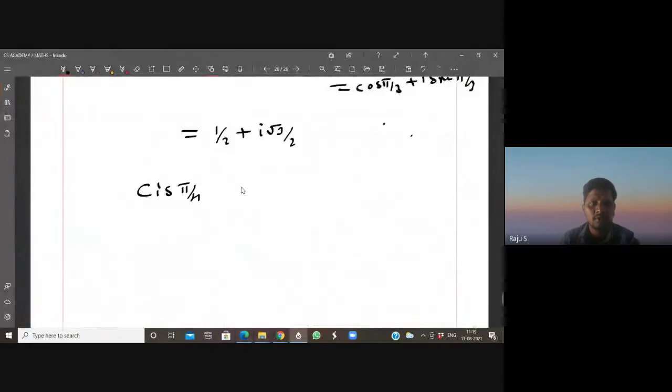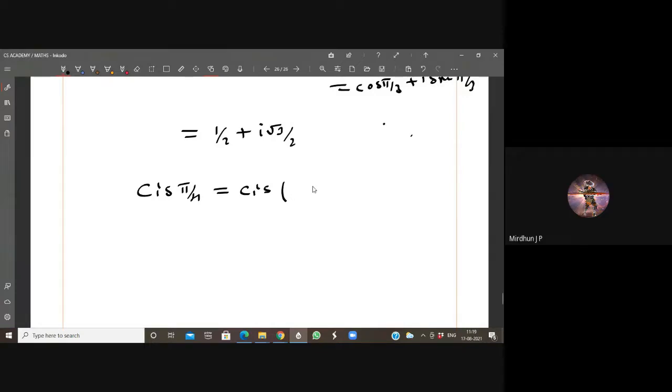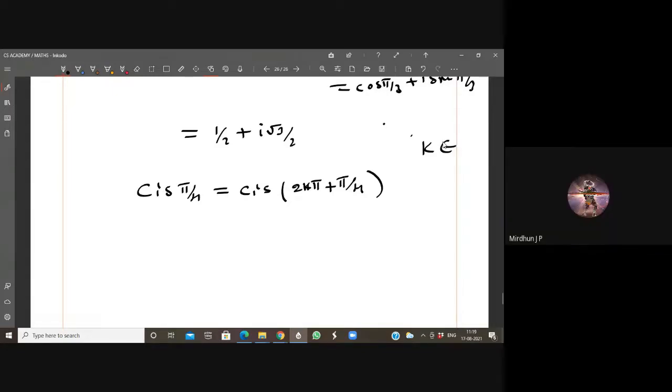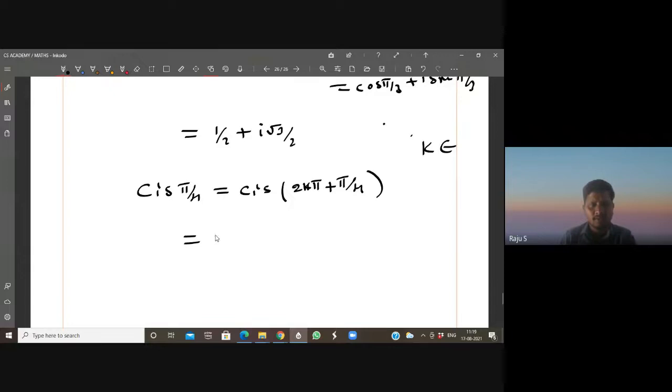It is the continued product. See, what is the general solution for this? 2k pi plus pi by 4, where k belongs to Z. So shall I write this value as (8k pi plus pi) divided by 4?